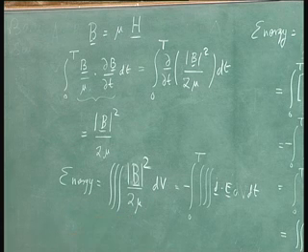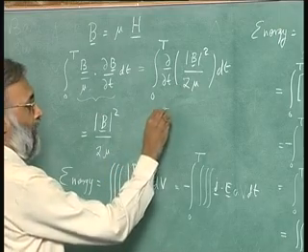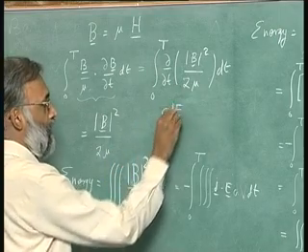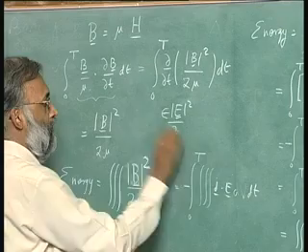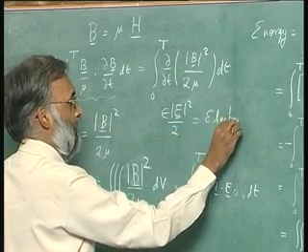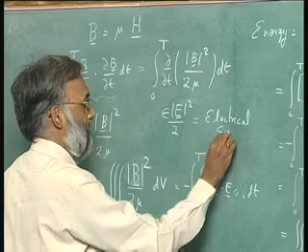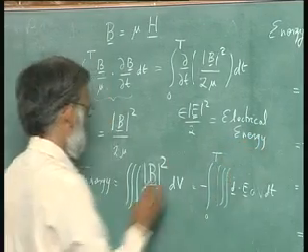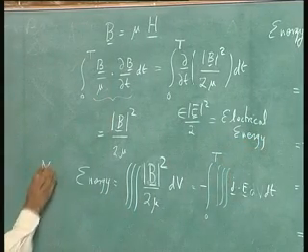So, just as we said electrical energy is epsilon E squared over 2, this is electrical energy. This is magnetic energy.